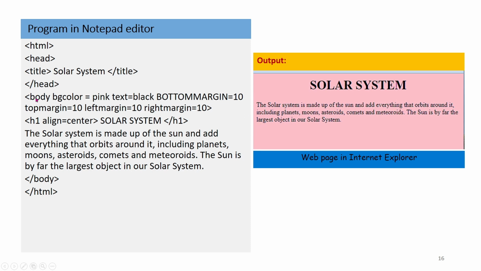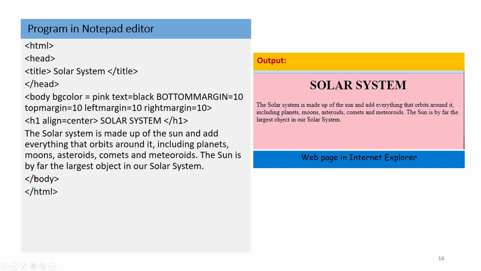So you can see the body color pink again, text is black, bottom margin, top margin, left margin and right margin all are set to 10 pixels, or you can say the 10 points. Then H1 heading, which is solar system, is aligned center. You can see this written in center. And the text is written here, and slash body and slash HTML.